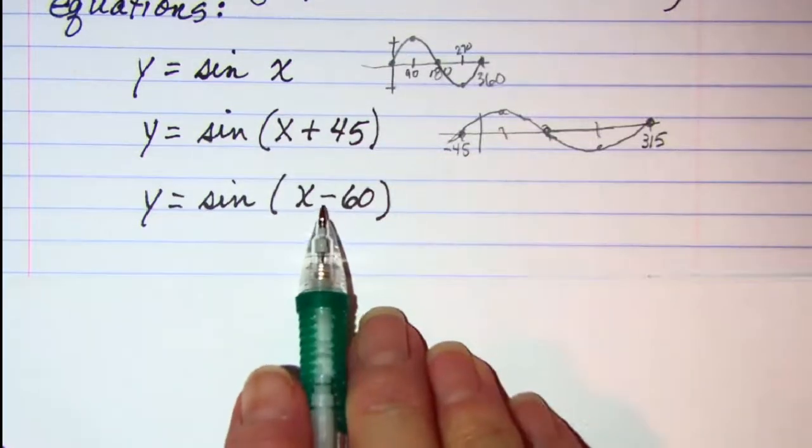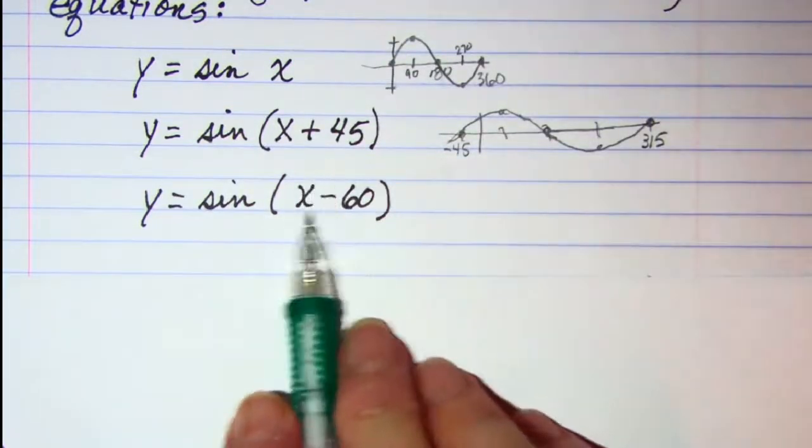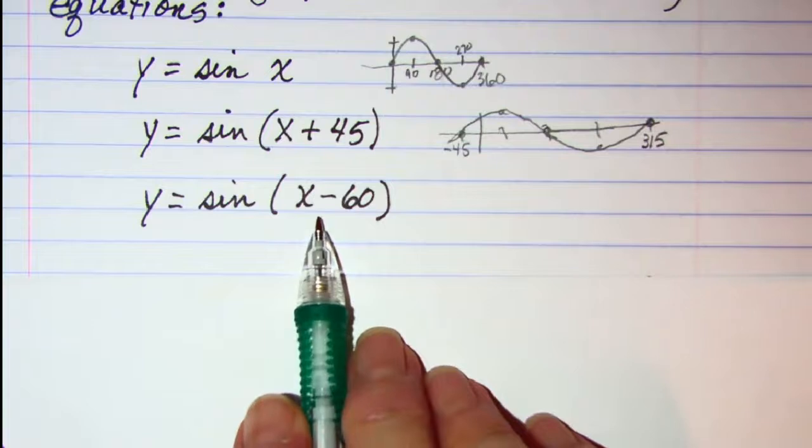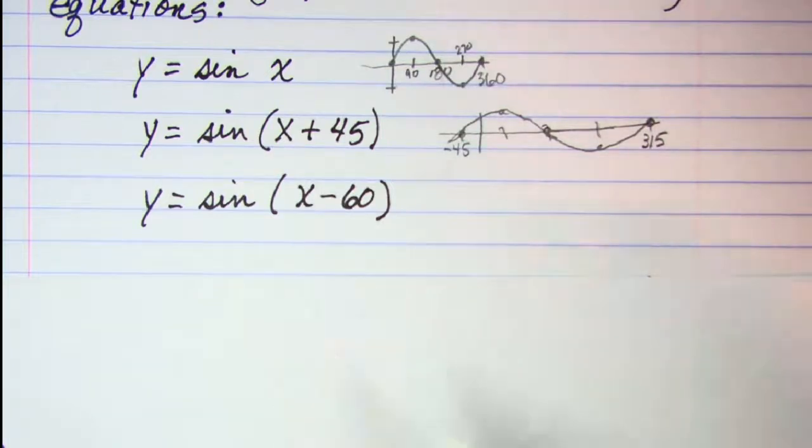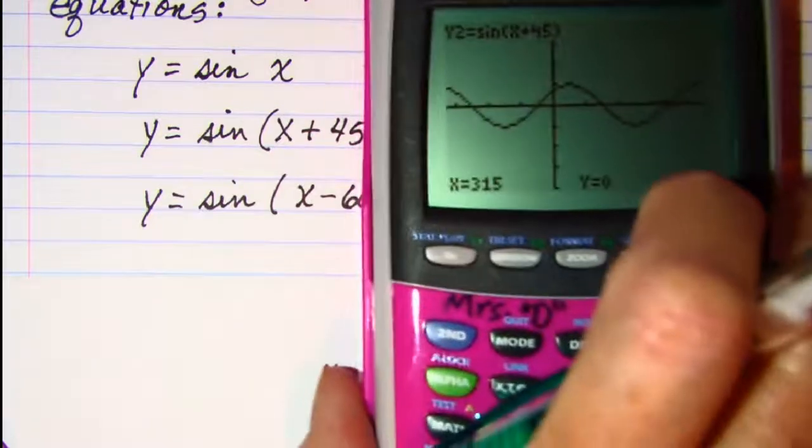So if we went ahead and made a conjecture about this next one, we would say that it's going to shift to the right 60. And let me go ahead and enter that.